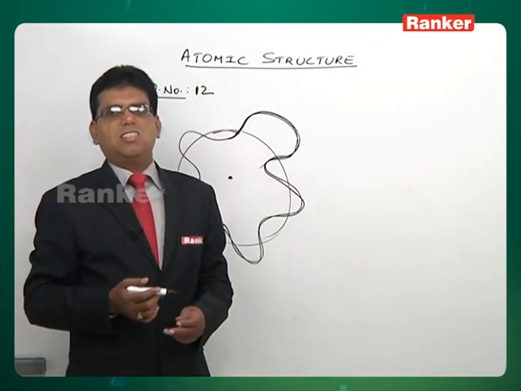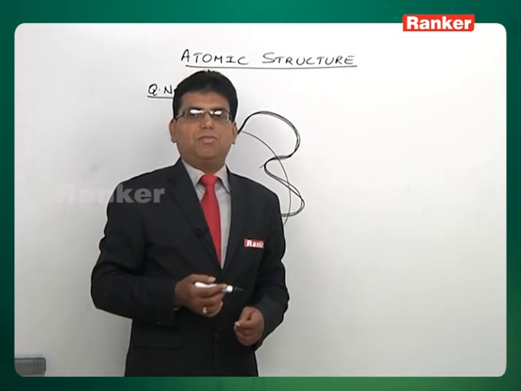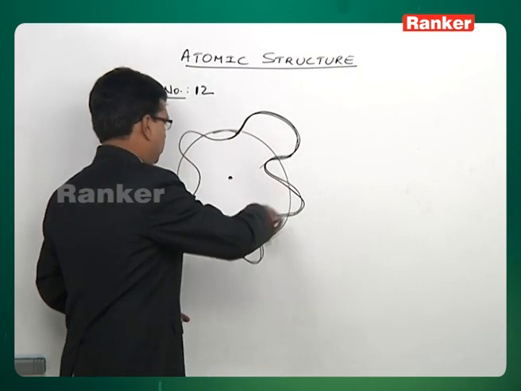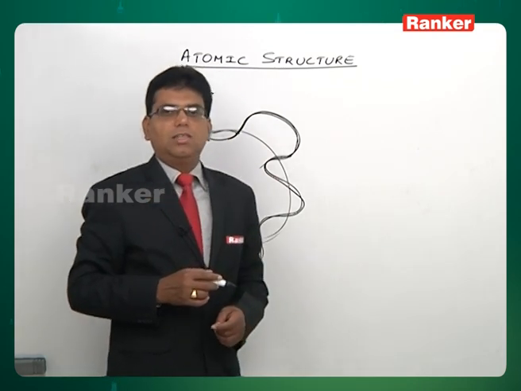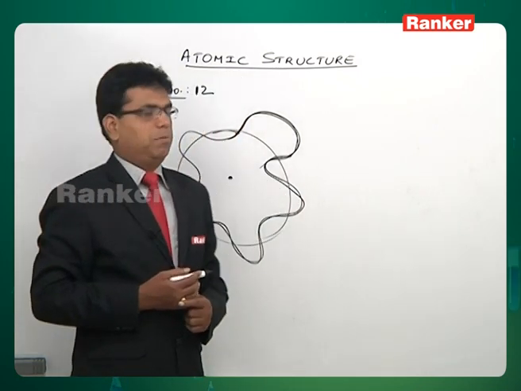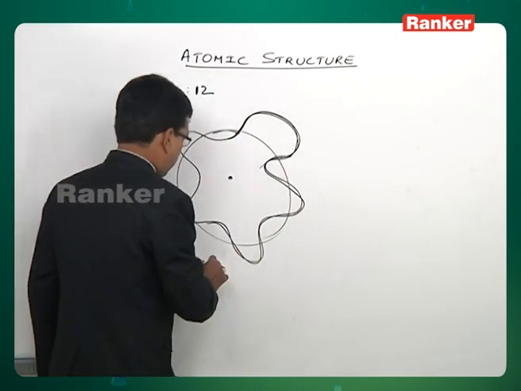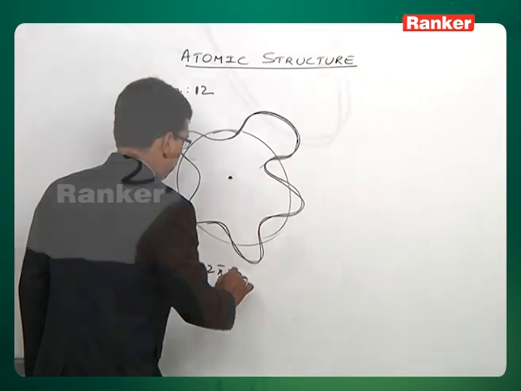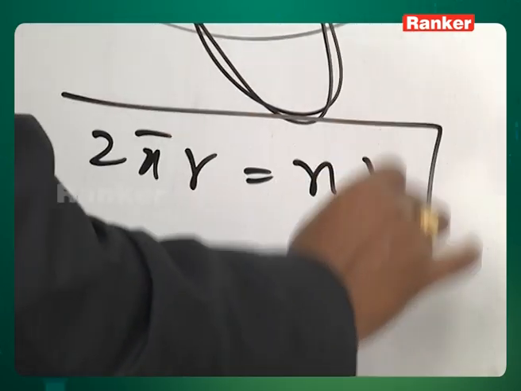The necessary condition is that the circumference of the electron orbit, that is 2 pi r, is equal to integral multiple of the wavelength. This is what in the de Broglie's equation we will say, 2 pi r equals n lambda.